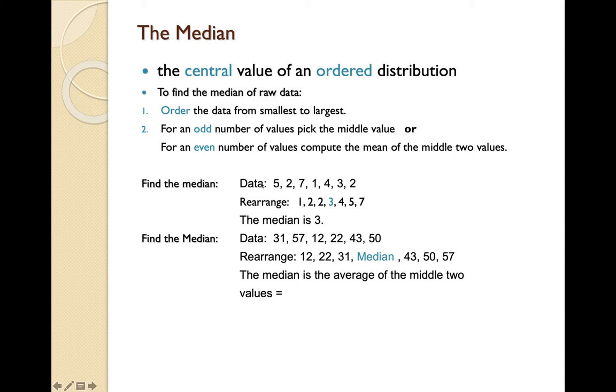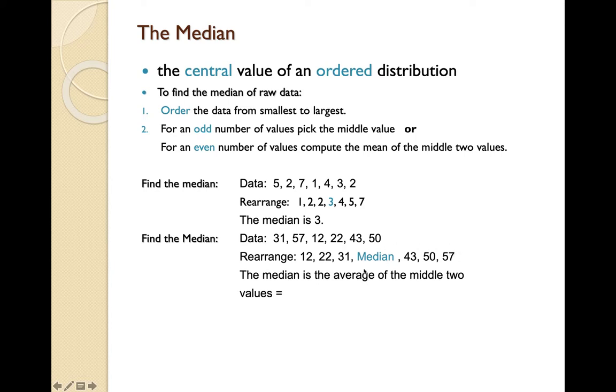So we're going to find the median for this first example, 5, 2, 7, 1, 4, 3, 2. First, we put everything in order, and then we count into the middle, so the median is 3. If we do the same thing with the second data set, we end up with 12, 22, 31, 43, 50, 57.